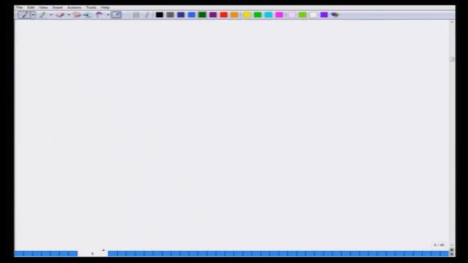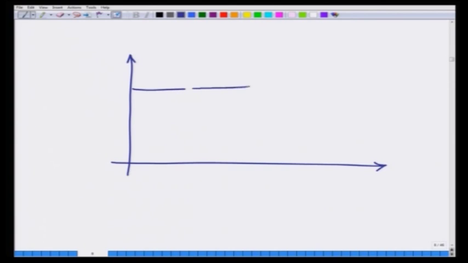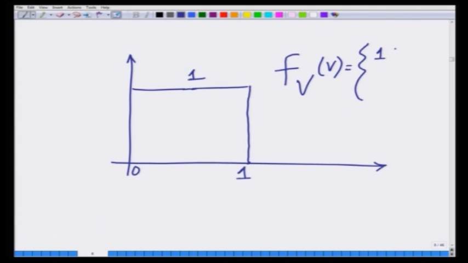Therefore, you might remember the probability density function of the uniform random variable. If you look at the uniform random variable in the interval 0 to 1, we have the probability density function f of v equals 1 if 0 less than or equal to v less than or equal to 1, and 0 otherwise.